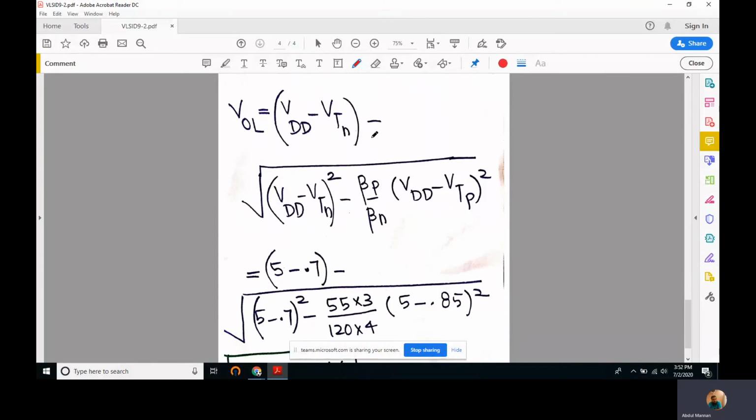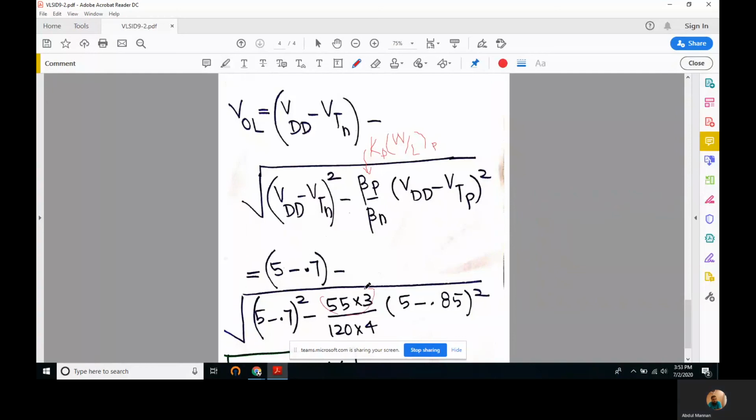Beta P can be written as kappa P times aspect ratio of P. And beta n similarly can be written as kappa n times aspect ratio of n.